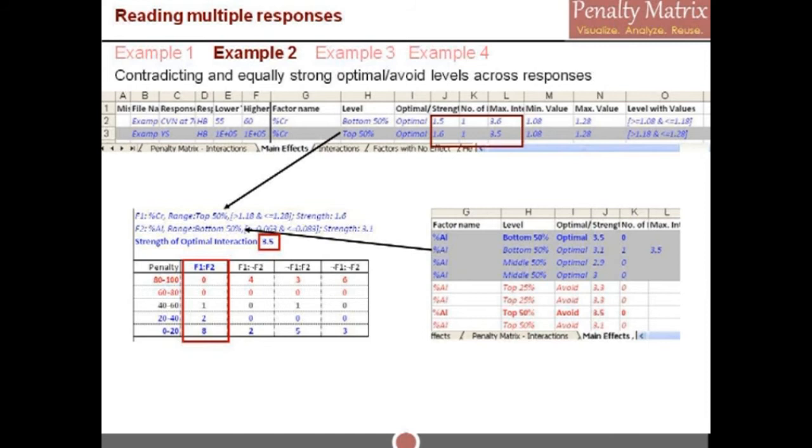And then what we are suggesting is to look at your interactions sheet, because there's one interaction here, and then look at a decision that you already made. Now in case of chromium, for yield strength, you find that this chromium interacts with one parameter, which happens to be aluminum. And you already made a decision that aluminum should be in bottom 50%. So because you made a decision aluminum in bottom 50%, and if chromium is in top 50%, then it's an optimal interaction.